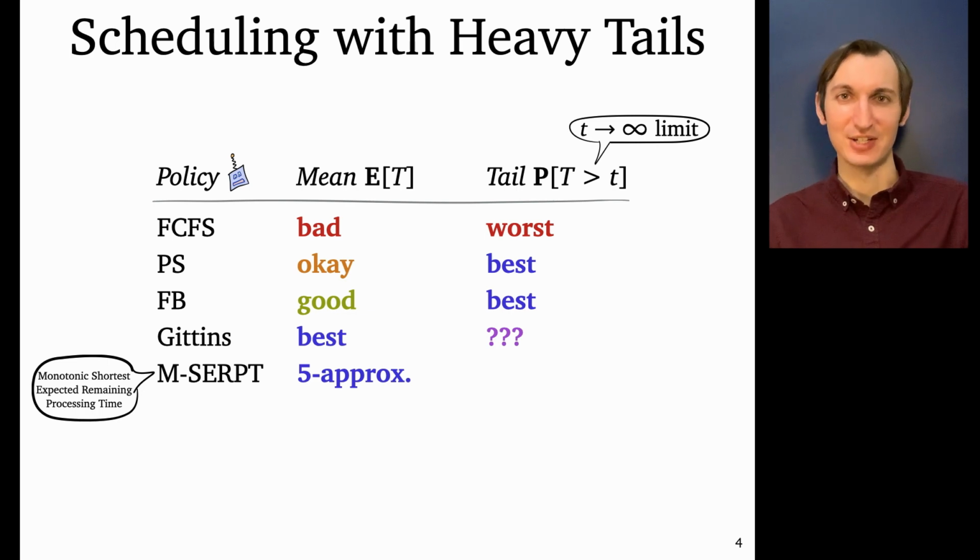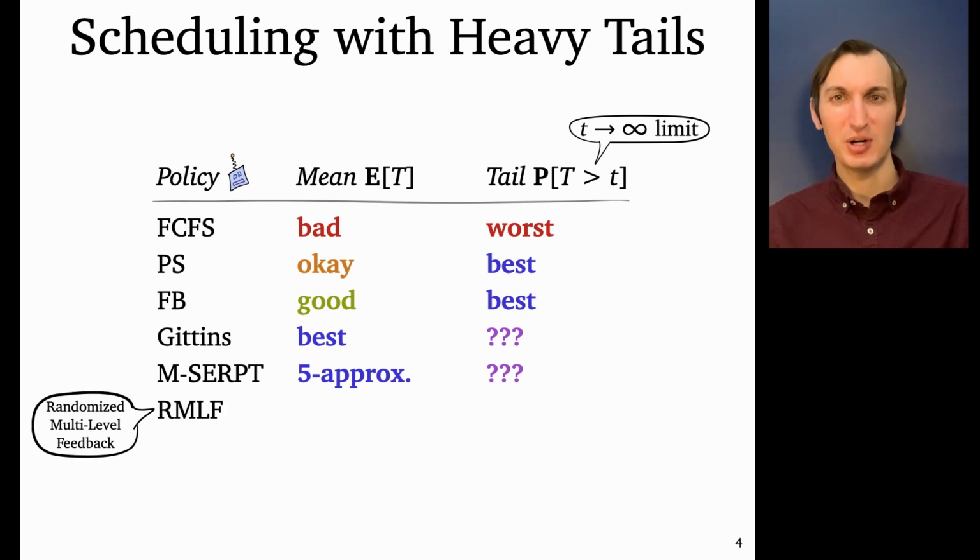So this is looking good, but unfortunately it's still complicated enough that we don't know what its tail of response time looks like. So maybe there's something even simpler than SERP that we can analyze the tail of. There is a policy called randomized multi-level feedback, RMLF. RMLF is actually the best you can do for mean response time without using knowledge of the job size, even just the random variable, let alone the individual jobs' exact sizes.